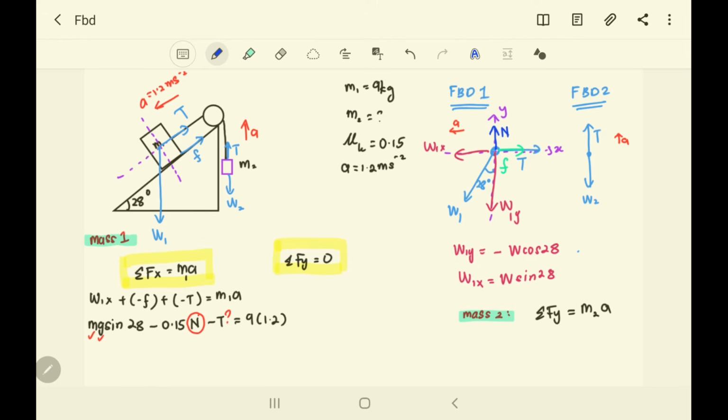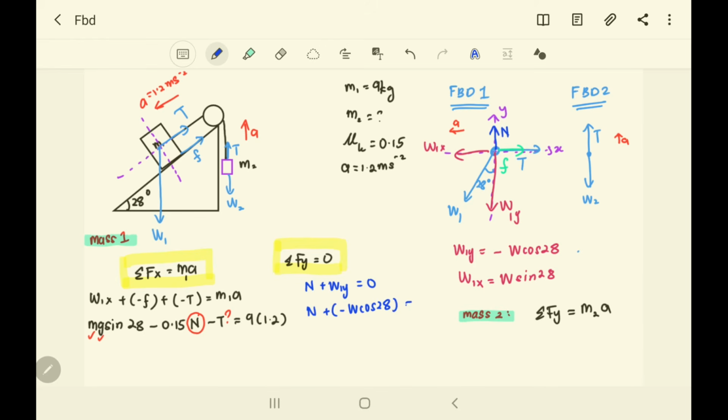Look at here, in y component we just have normal and W1y is downward. Alright, so total force in y component should be equal to N plus W1y equal to 0, where W1y is equal to negative W cos 28.